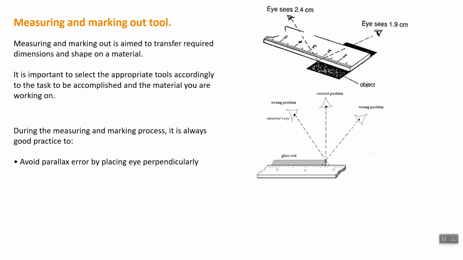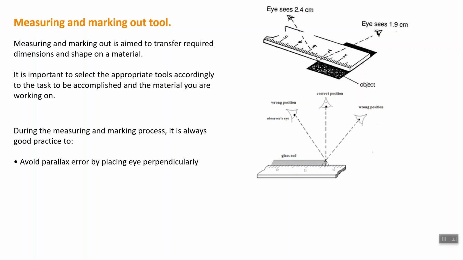So the dimension here is 2 centimeters. But if we place our eye in the wrong position, we have a wrong reading. So we read 1.9 centimeter because we are looking in the wrong direction. If we look in the other direction, it will read 2.4 centimeter.